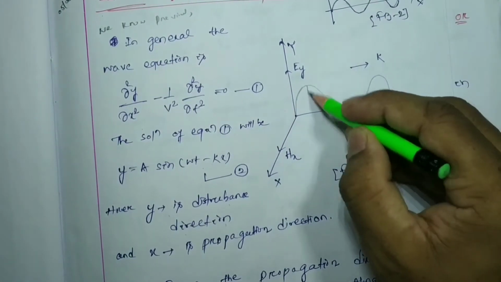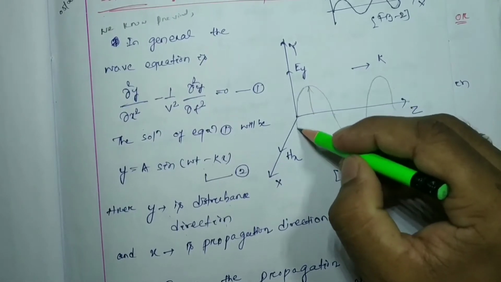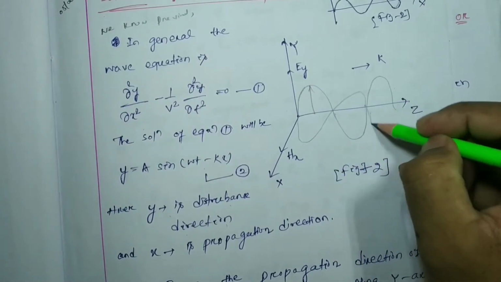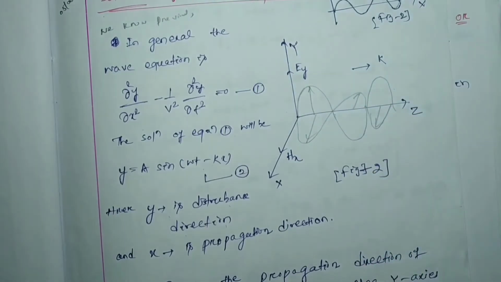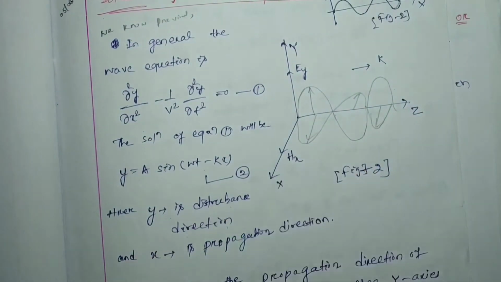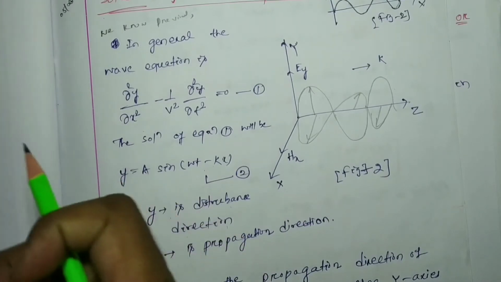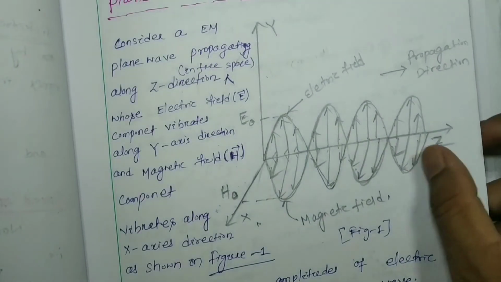So this is your electric field component, and this is your magnetic field component. You can draw the same figure you drew before.